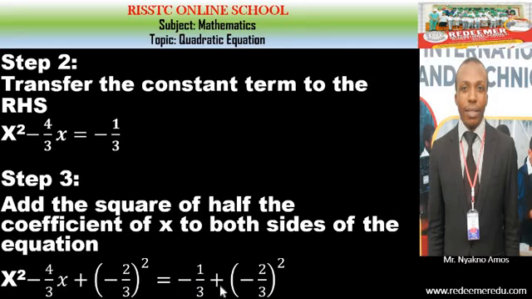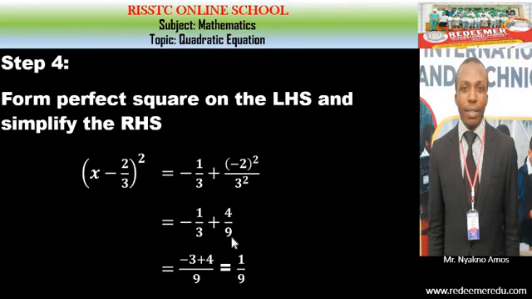We have here minus 1 all over 3 plus minus 2 all over 3 all squared. On that right hand side, minus 2 all over 3 all squared is the same thing as minus 2 all raised to the power of 2 divided by 3 raised to the power of 2. We are now applying the law of indices. Please take note that the minus sign here is also raised to the power of 2, and the number 2 is also raised to the power of 2.